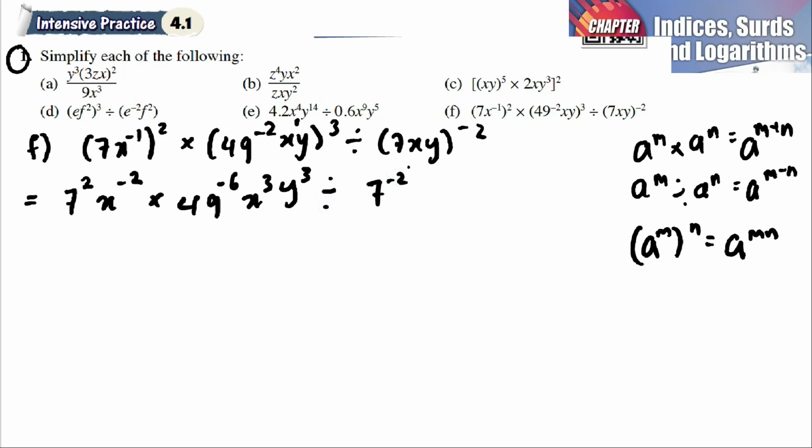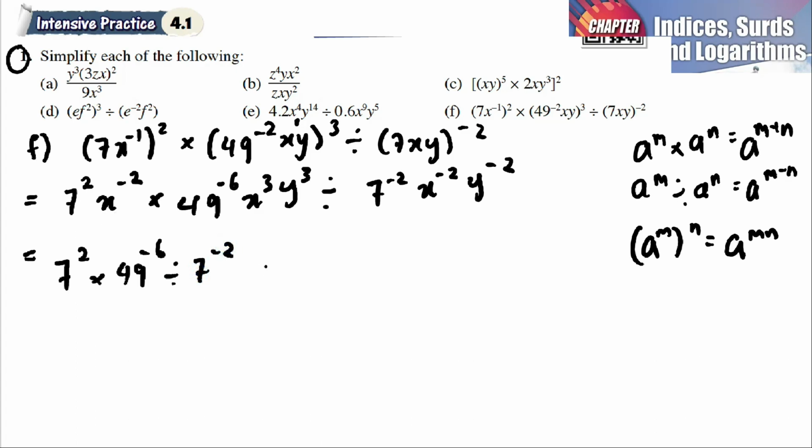So this one first, and then x to the power of negative 2, y to the power of negative 2. So like usual, we combine number with number. And then this one, the same base with the same base. So we have 7², and this one times 49⁻⁶, and here divide by 7⁻².